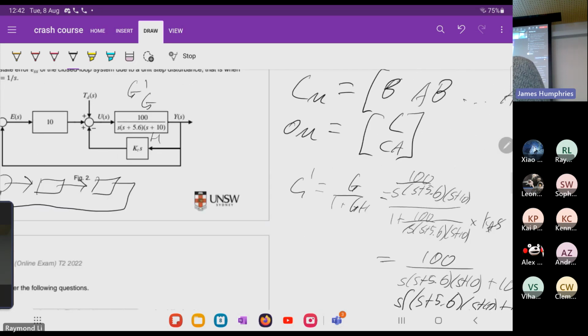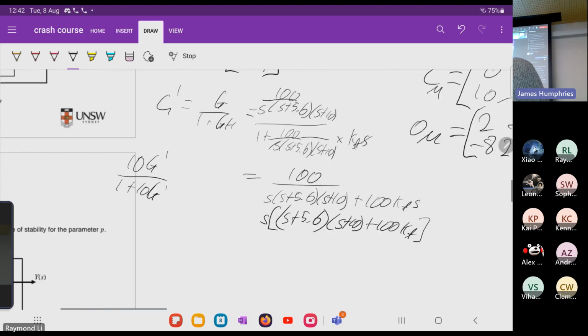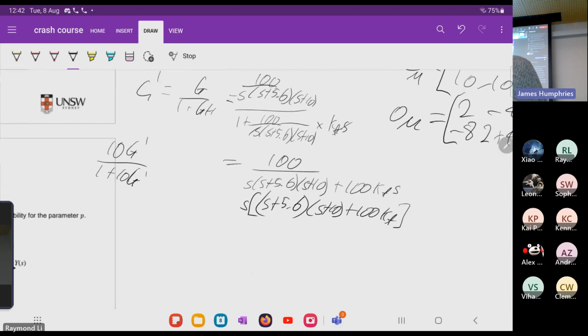So it's just going to be 10 G prime on 1 plus 10 G prime. All right, which means I'm going to end up with, since the top of G is 100, so it's going to end up with 1,000 all on S of S plus 5.6, S plus 10, plus 100 KT, plus 1,000.